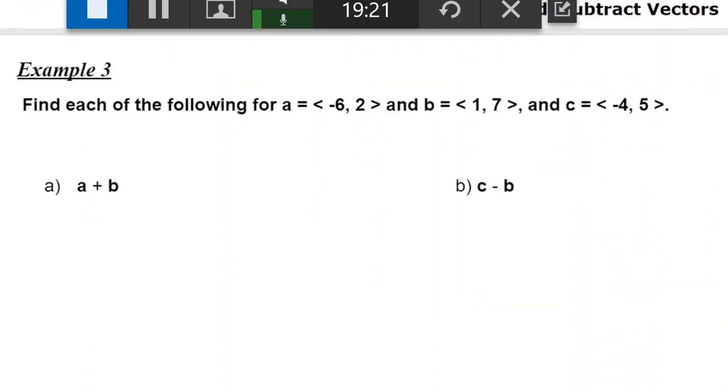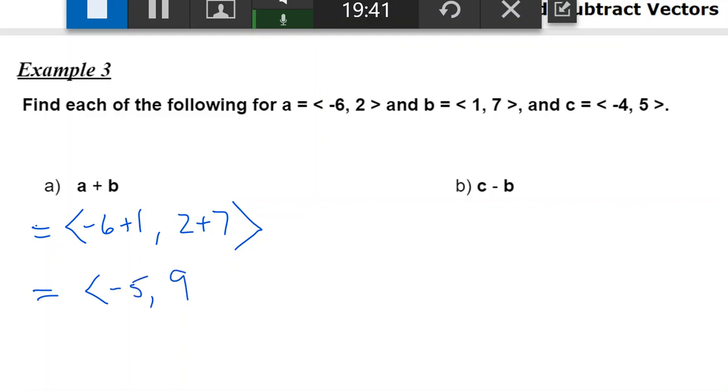All right, let's say we're going to add A and B. We're going to take A, and he's got a -6 there and a 2 there. And B has a 1 and a 7. And we're going to do it exactly in that order, in the order that they gave it to us.